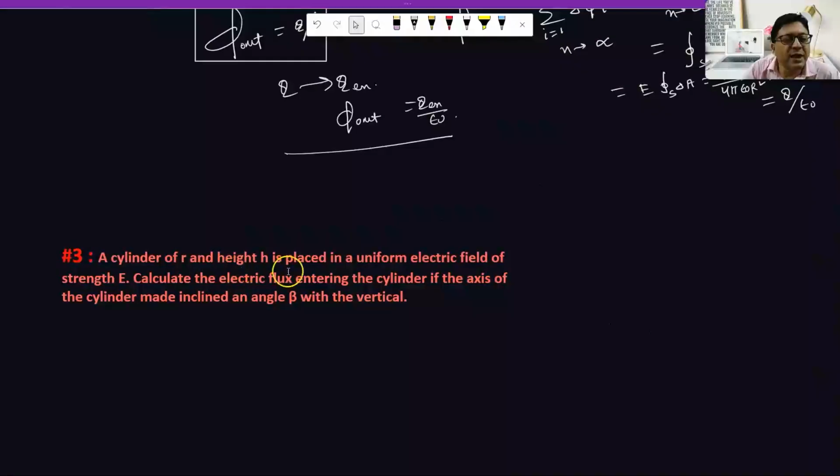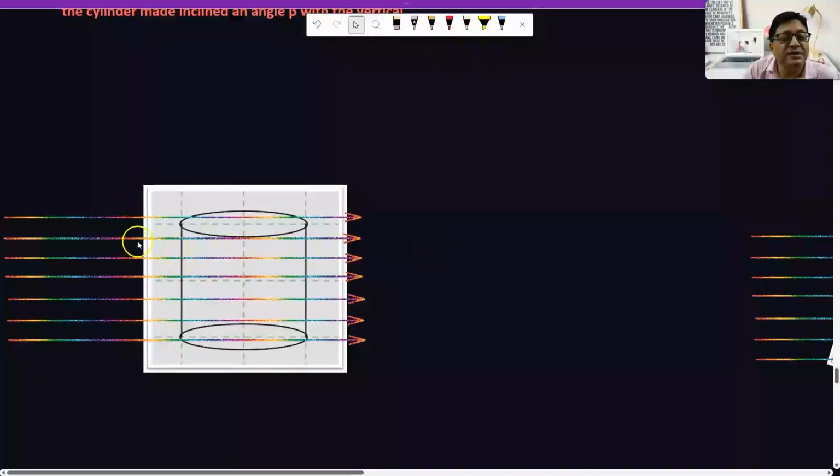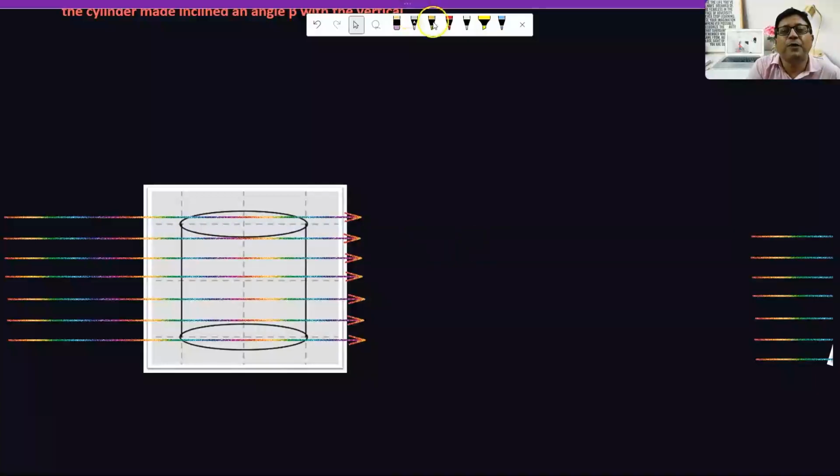A cylinder of radius R and height h is placed in a uniform electric field of strength E. Calculate the electric flux entering the cylinder if the axis of the cylinder is inclined at an angle beta with the vertical. The first part, where it stands vertical, is already done in this class. In this case, flux linkage, I hope all of you remember this.